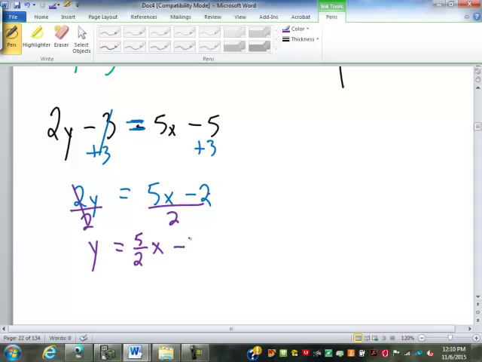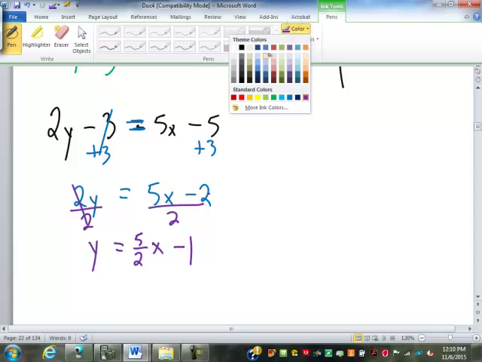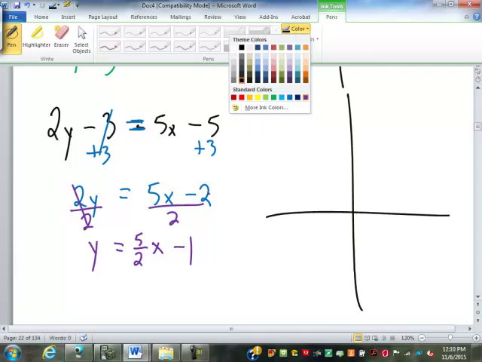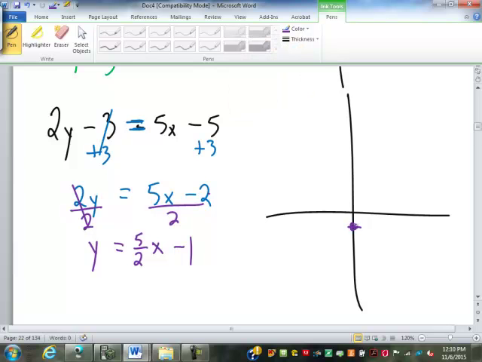Negative 2 divided by 2 is a negative 1. So we start graphing this at negative 1 right here. Then 5 over 2x, we rise 1, 2, 3, 4, 5. We run 2. There's our line.